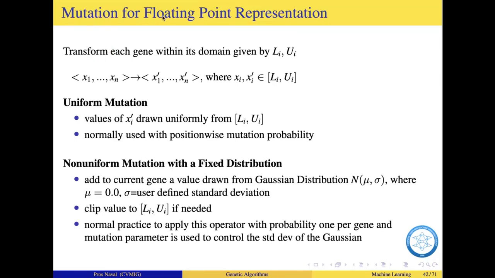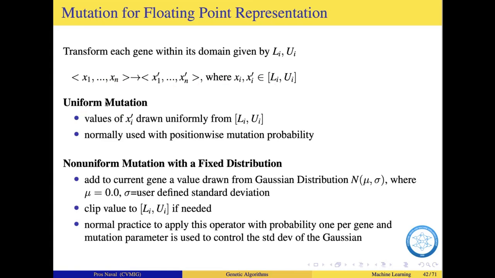So how do we mutate for floating point represented numbers? We transform each gene within its domain given by this lower bound and upper bound. So this is transformation.